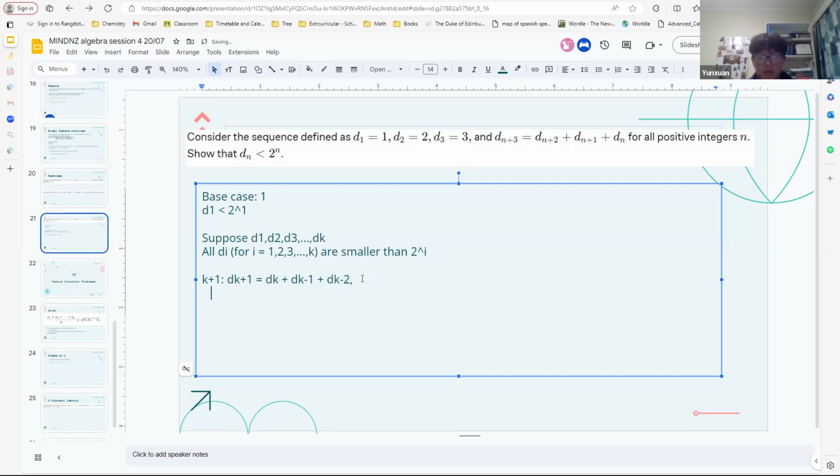We can replace these terms, so d(k+1) is smaller than 2 to the k plus 2 to the k minus 1 plus 2 to the k minus 2.